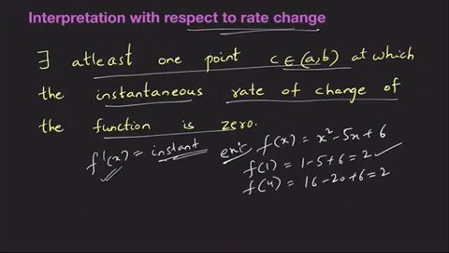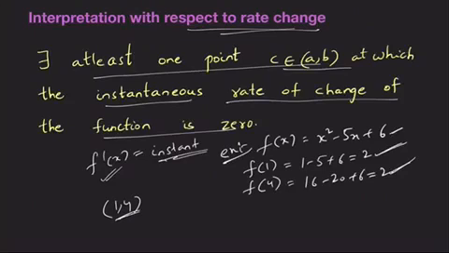So you can see that the value of the function at 1 and 4 is equal, and anyway this is continuous and differentiable over the entire real numbers. So Rolle's theorem says that there exists a point between 1 and 4 at which the derivative is 0.